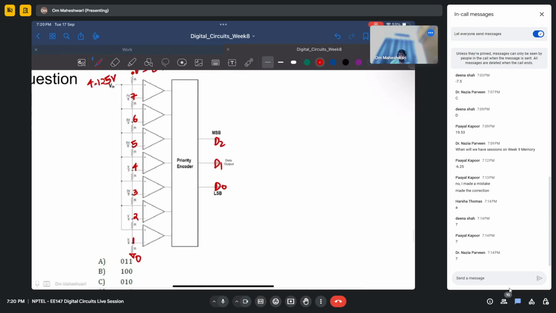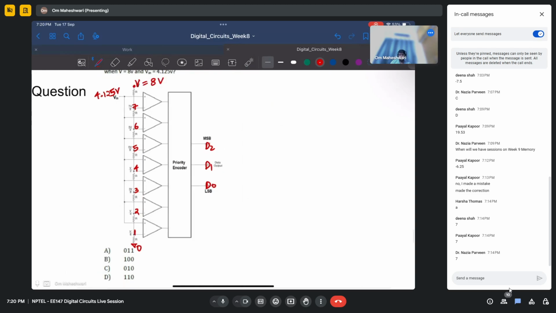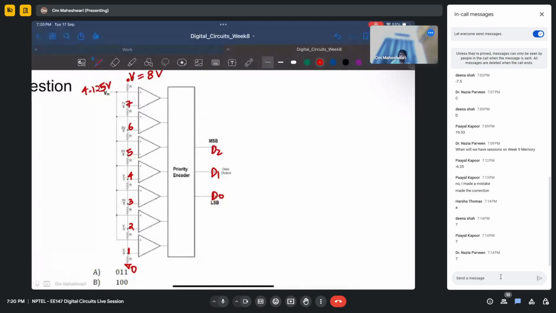Okay, so now what will be our output at each of these comparators? These are all comparators. So at every comparator, we will compare 4.125 with the value at this terminal. So 4.125 is smaller than 7, so this will be 0.